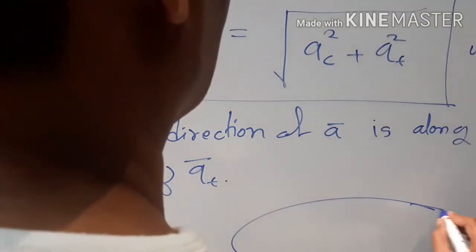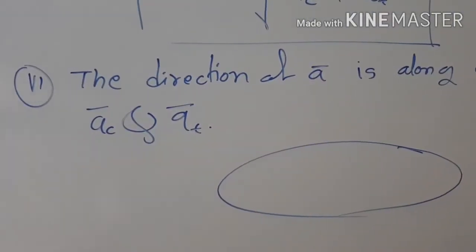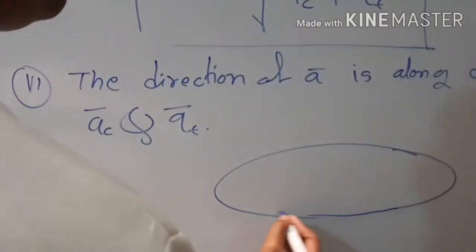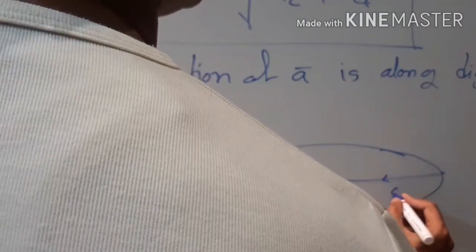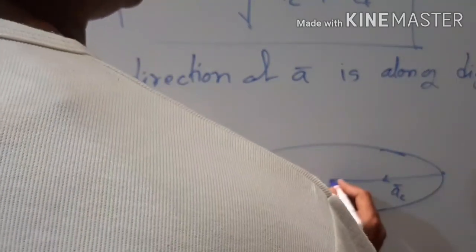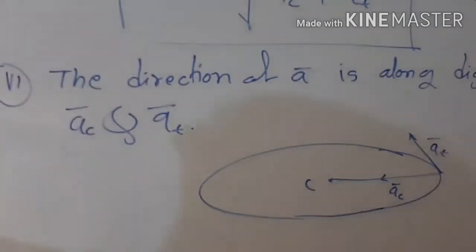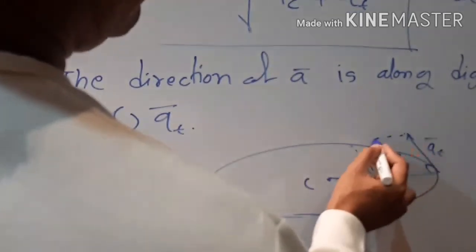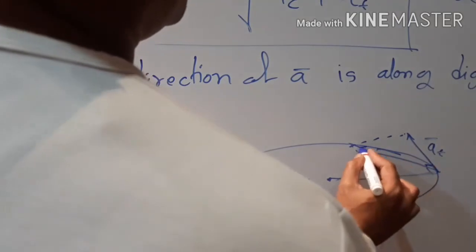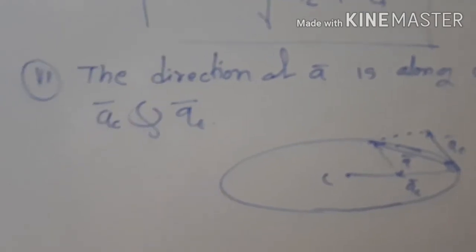So draw this figure, in which the centripetal or radial acceleration AC bar is along the radius and towards the center C. The tangential acceleration AT bar is along the tangent, and the angle between them is 90 degrees. Along the diagonal, show the resultant acceleration A bar. So draw this figure properly.